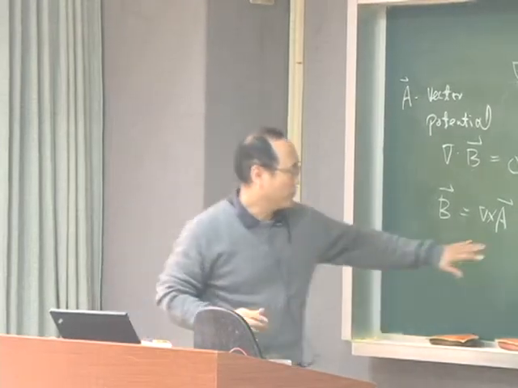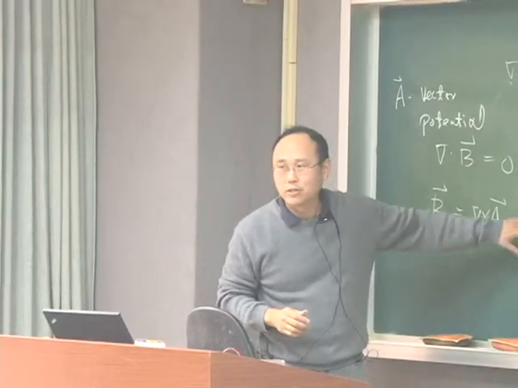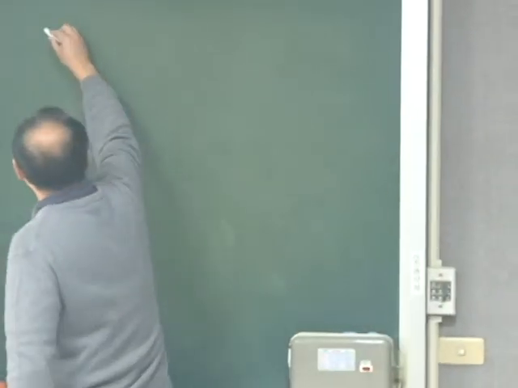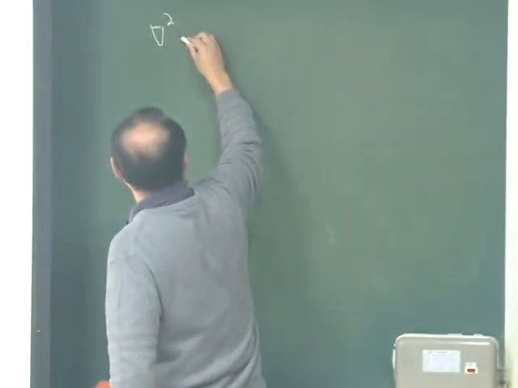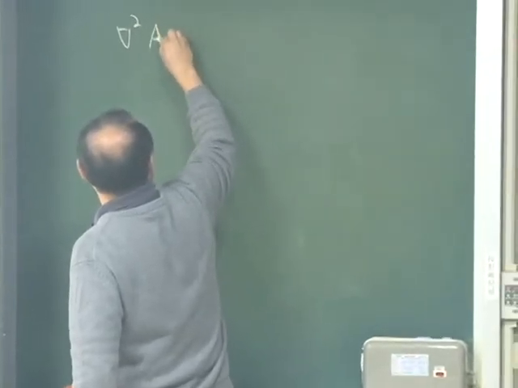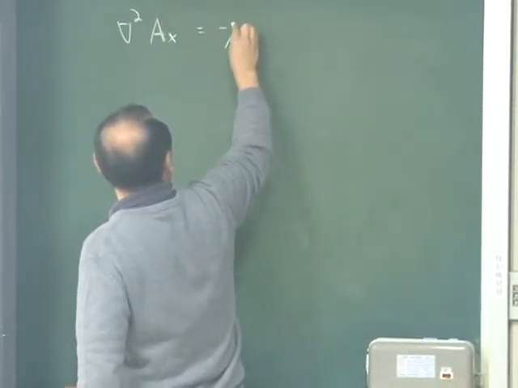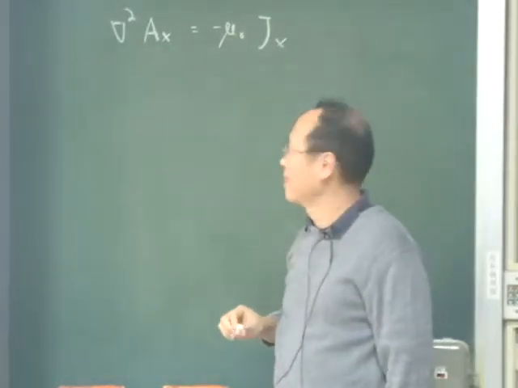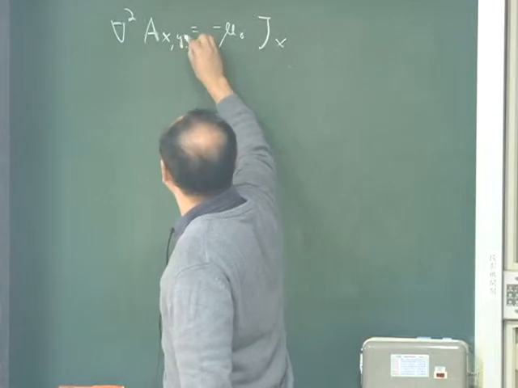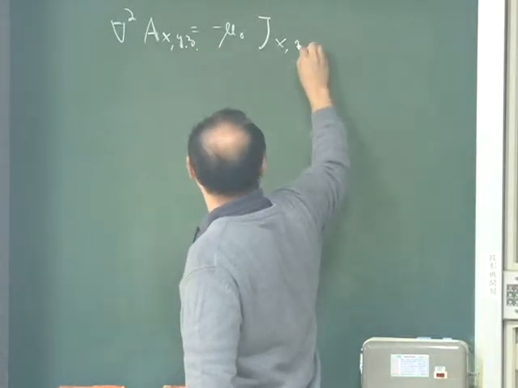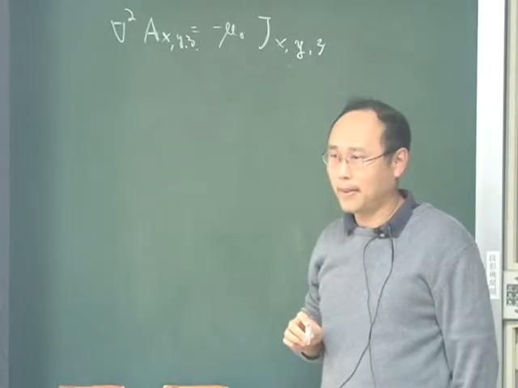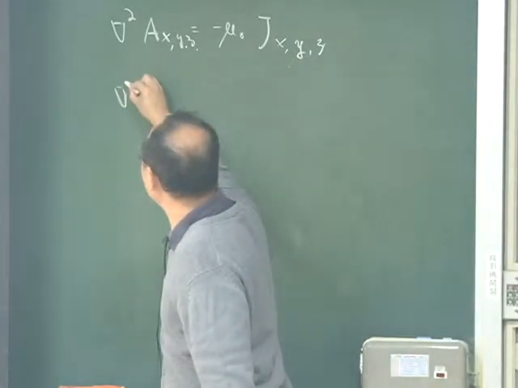Okay, if you know how to solve this, you know how to solve this, right? Because in the XYZ coordinate system, you have Laplacian A x equal to minus mu naught J x. And this can be y, this can be z. So you know the solution from this.